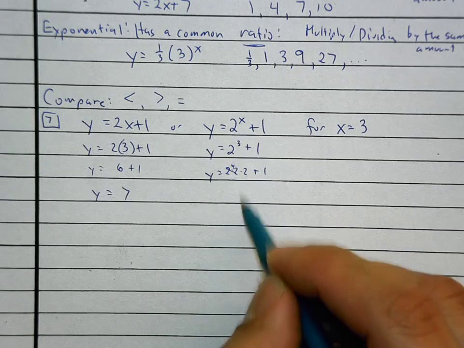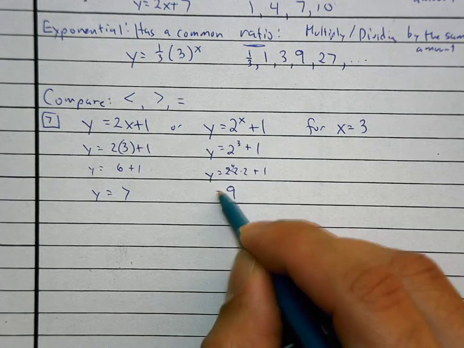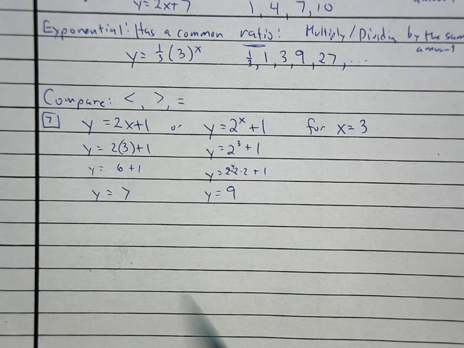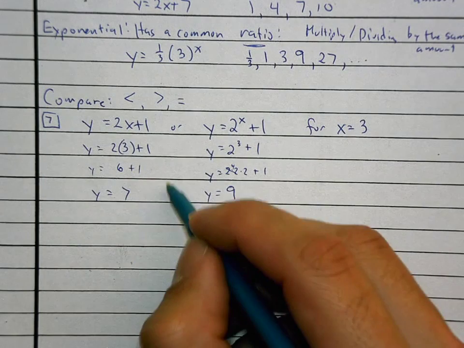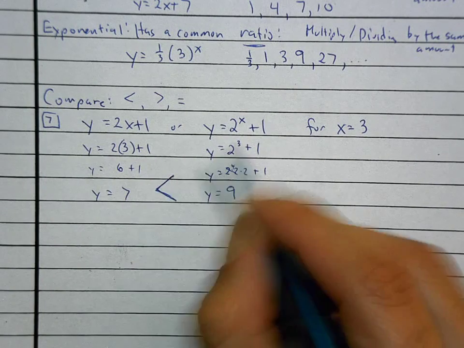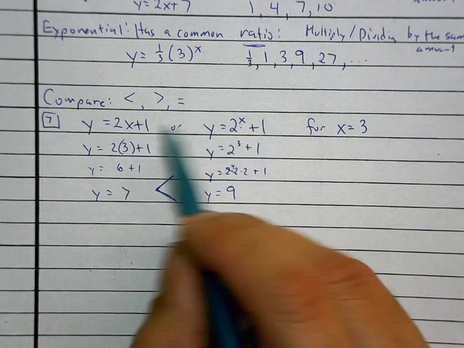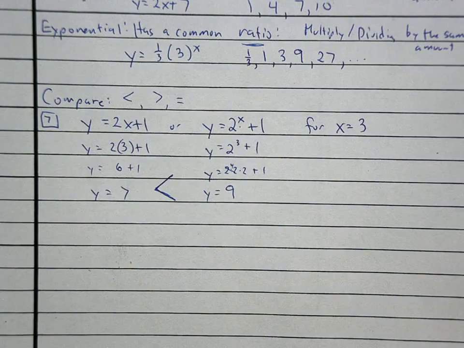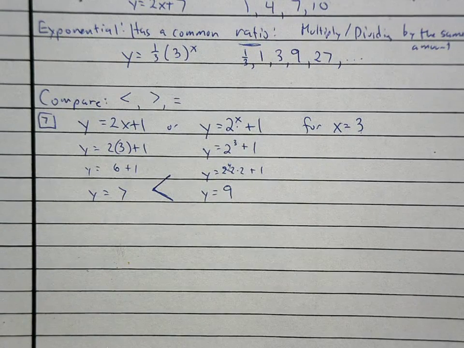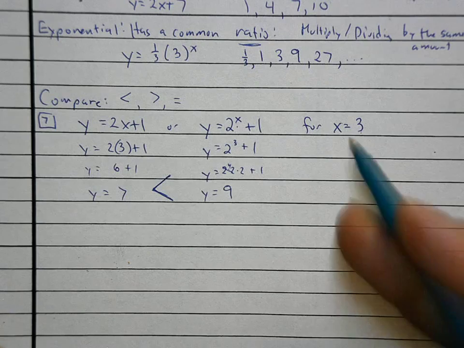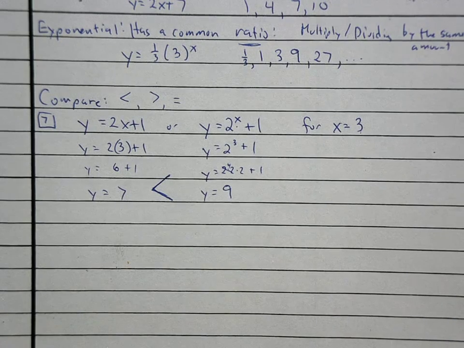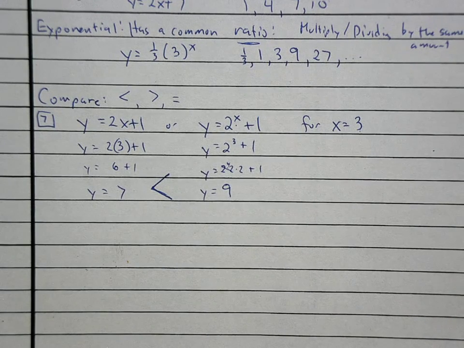Times 2 is 8. Plus 1 is 9. So when I'm comparing, the exponential equation is bigger than the linear equation for the value of x equals 3. It's not always the case, but it is the case for this particular problem. You'll have several problems like that.